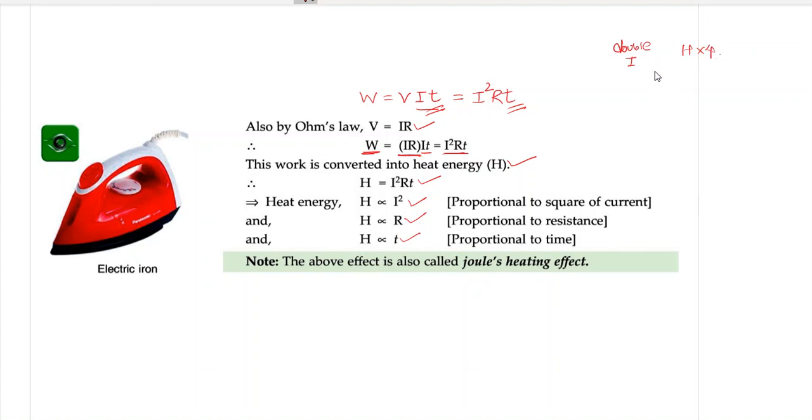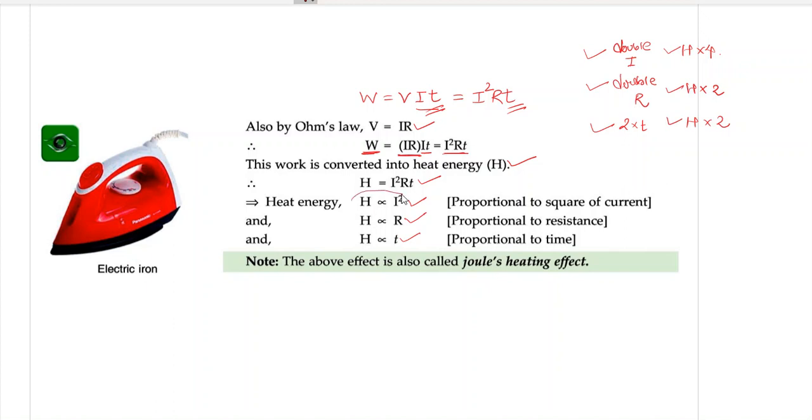If you double the resistance, heat energy also doubles. If you pass the electric current for double the time, heat energy generated is also double, right? So if you double the electric current, heat energy generated will be 4 times. If you double resistance or time, heat energy will also be doubled.